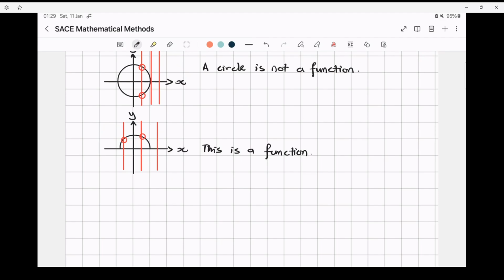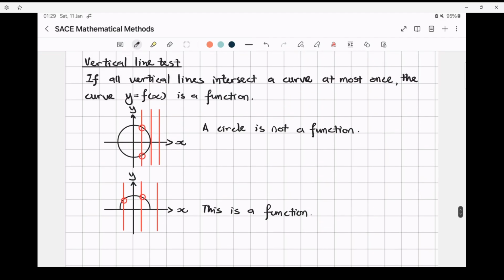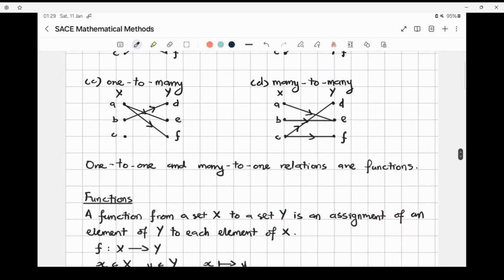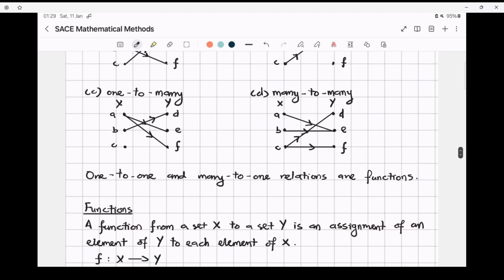For the horizontal line test, I will introduce it when we reach the idea of inverse function. So right now, remember that the vertical line test tests whether or not your curve is one to many or many to many. So your vertical line test tests C and D over here.